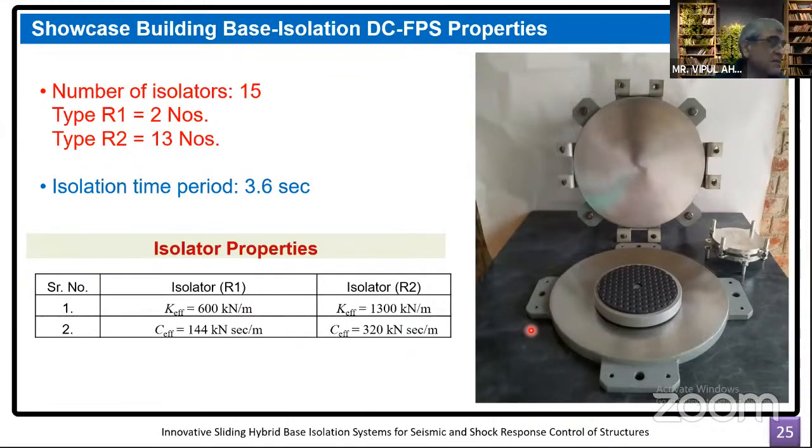Then I have two or three questions. Have you ever tried these shape memory alloys with the isolators, to restore the original position of the building, in the event that you have to choose a very flattish friction pendulum? Has that ever been tried?